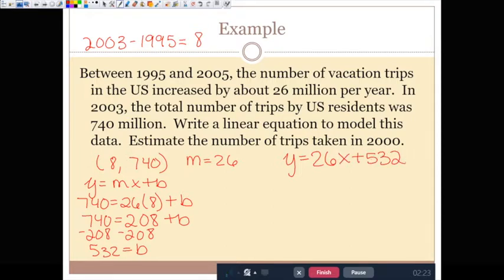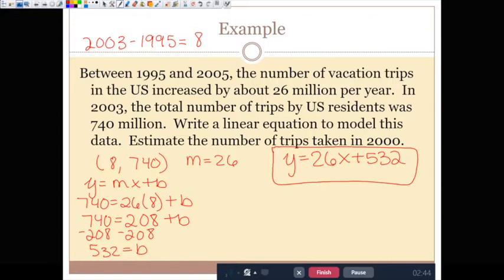So that's like the general equation for this model, okay? We can find out any value by using this equation, okay? So this would be part 1 of our question, where we got to write a linear model.